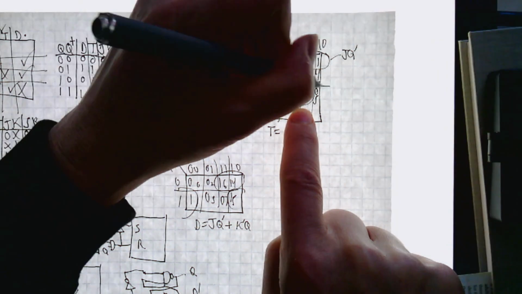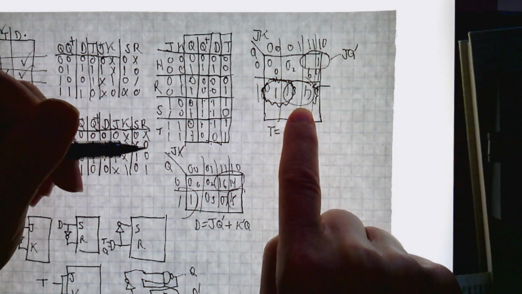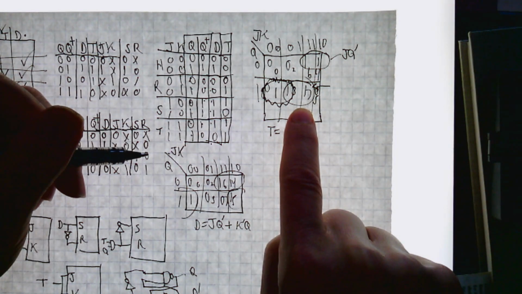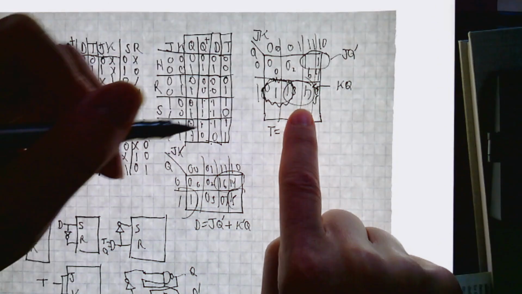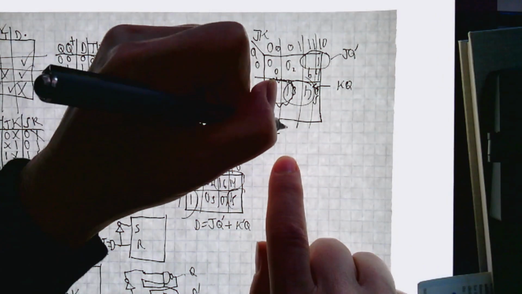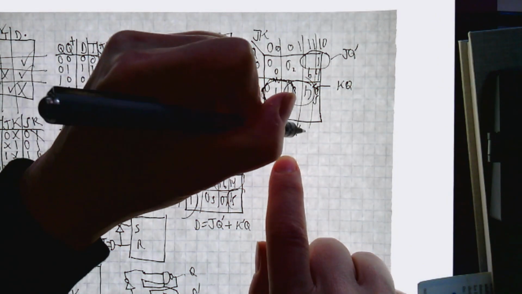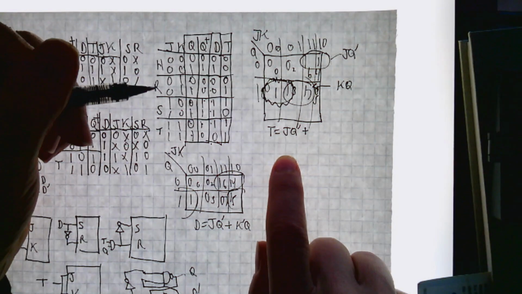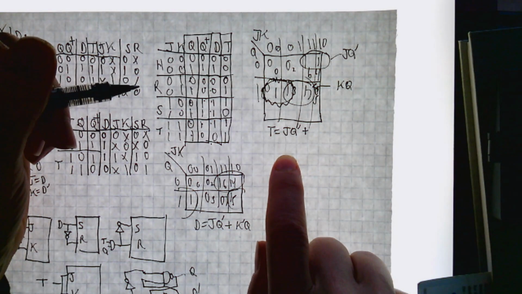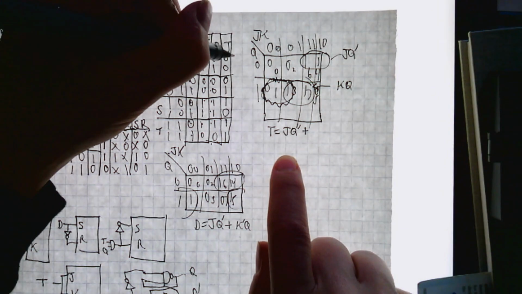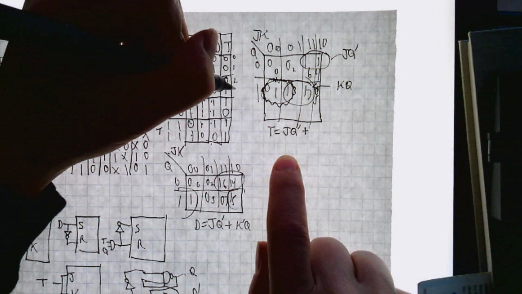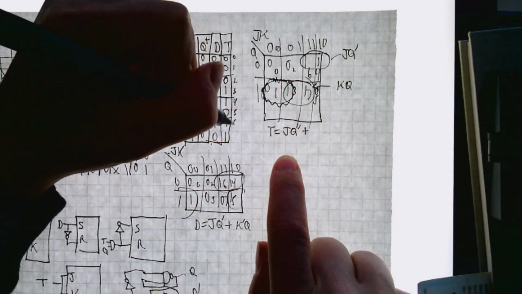Silly me. So that's K, Q. And so now I have JQ prime or KQ. Let me just number this K-map. 0, 1, 2, 3, 4, 5, 6, and 7.